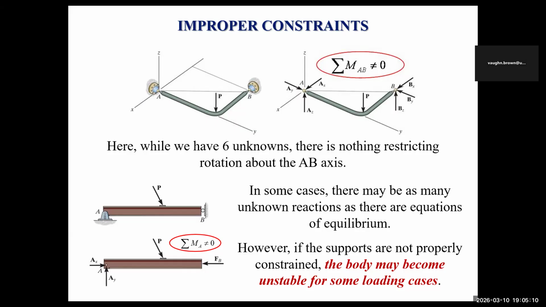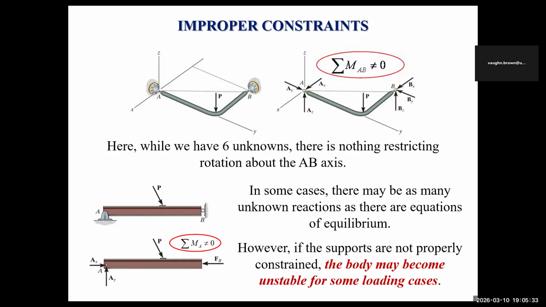So if you look at what is happening over here with this beam down here, you have A where you have the pin joint and you have a roller at B. All right. So you have P. You can see at A you have 2 reactions. And at B you only have 1. So normally, you have a reaction, and the reaction is going to be perpendicular to the direction that you can roll.